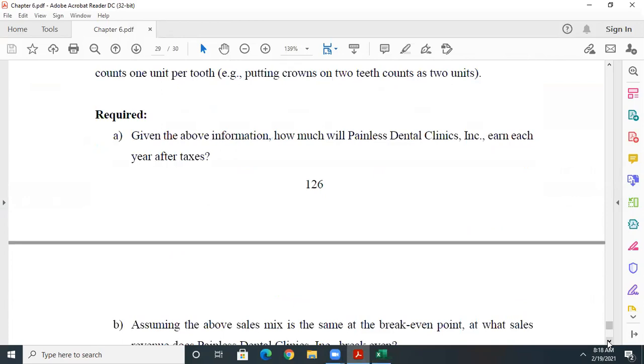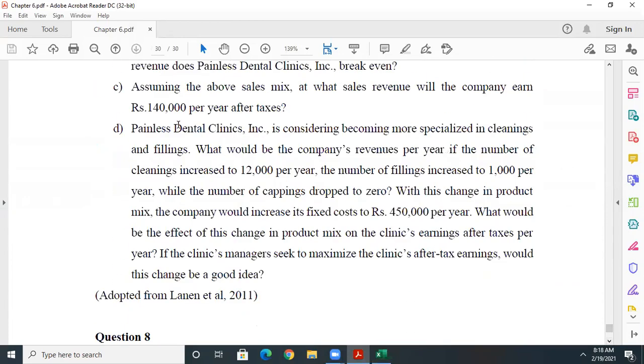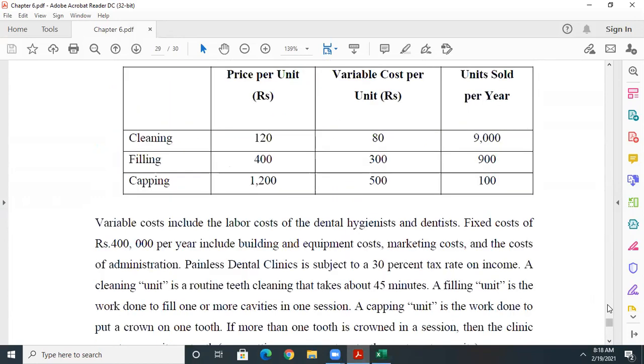Then we may look at the final part. The painless dental clinic is considering becoming more specialized in cleaning and filling. So now you are thinking about becoming more specialized in the two products, that is cleaning and filling, and dropping the capping, I think.